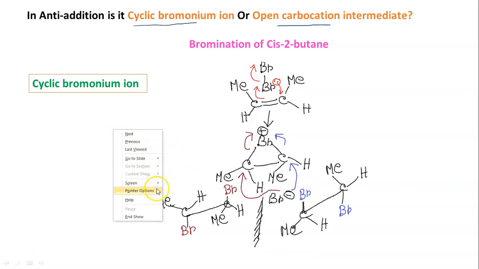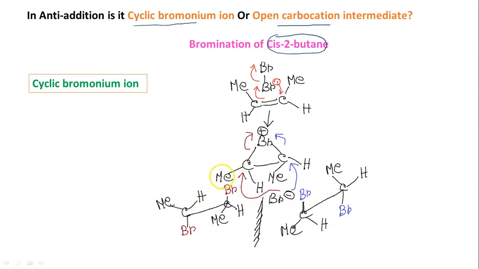First we will see, if it is a cyclic bromonium ion, by taking cis-2-butene, what type of product we are getting. So first we have the cyclic bromonium ion mechanism. You can see this is the cyclic bromonium ion, right? Bromine has a lone pair, so that is why this type of mechanism is possible. Another bromine is removed in the form of Br minus.